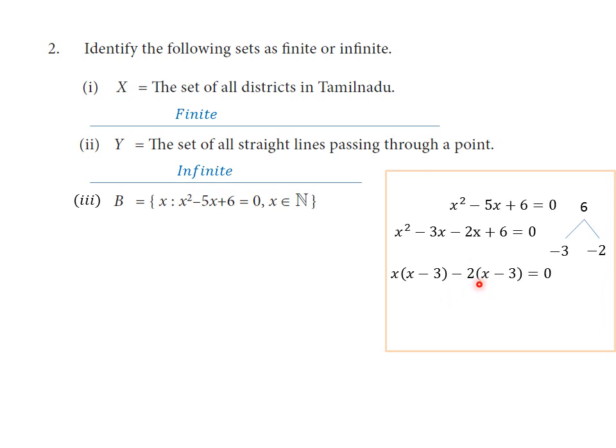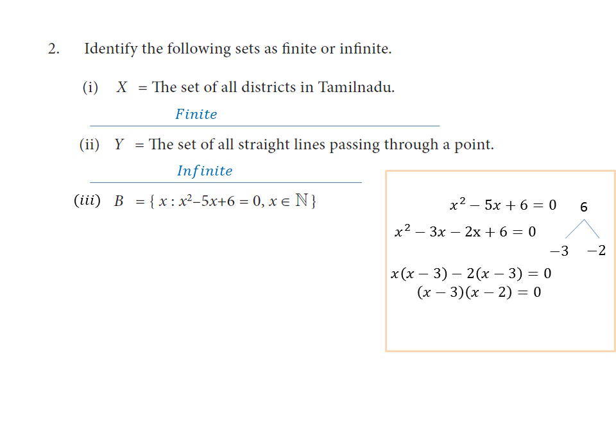In this, x is the balance. Here you have to write minus 3, because after writing this you check one more time. Minus 2 into x, minus 2x, minus 2 into minus 3, plus 6. So whatever we have done is correct. You can cross check your calculation.